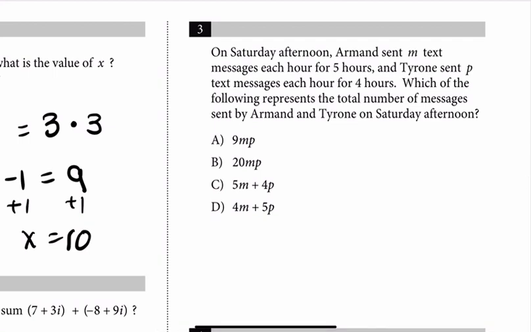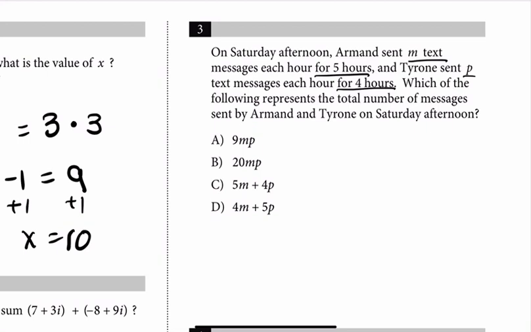Okay, on Saturday afternoon, Armand sends M text messages each hour for 5 hours. And Tyrone sends P text messages each hour for 4 hours. Which of the following represents the total number of messages sent by Armand and Tyrone on Saturday afternoon?